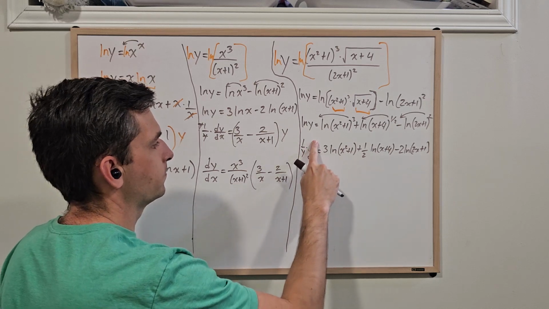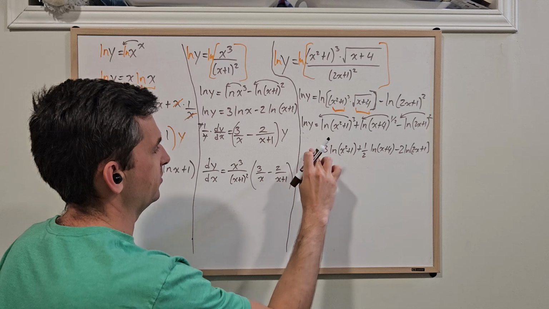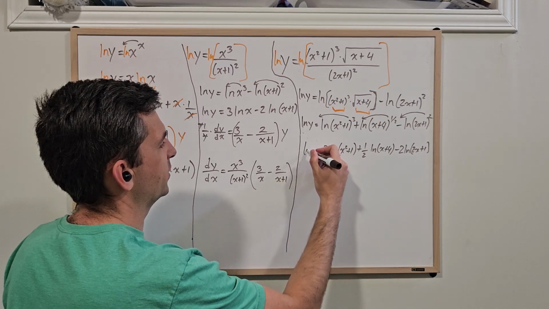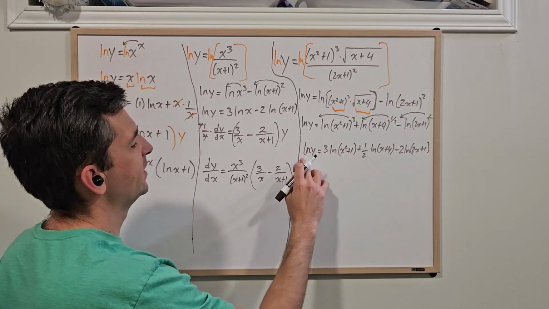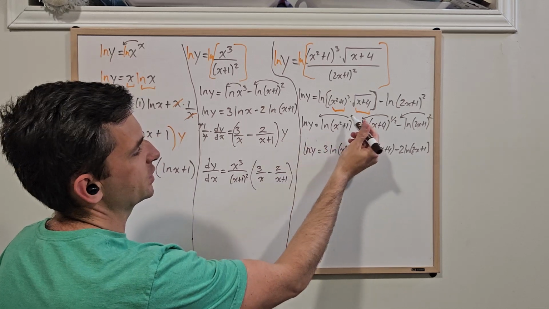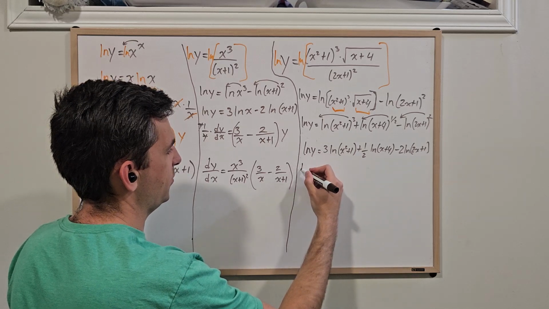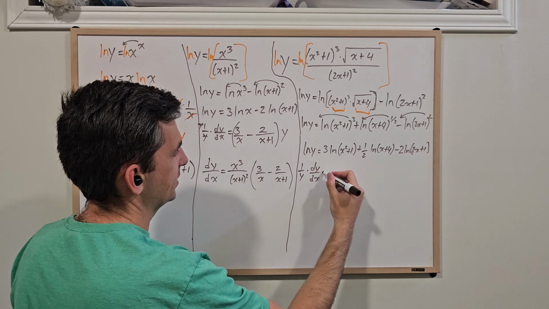Sorry. Not implicitly differentiating yet. My apologies. We're gonna implicitly differentiate on the next step, right? I just moved the exponents down to make it easier for us to differentiate here. Okay, now we have our 1 over y dy dx.